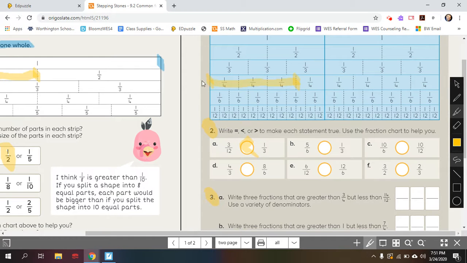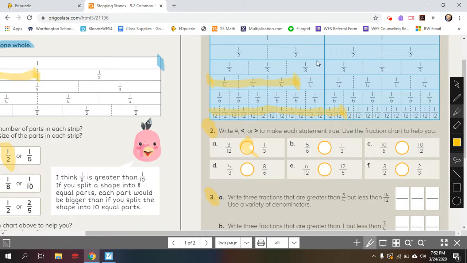So they want it to be bigger than that, but they don't want it to go more than 14/12. So I know I'm going to color in 12/12 really quick because that would be one whole. And then I'm going to go 2 extra because that would be 14. So I need to find up here on my fraction wall 3 fractions that are in between 3/4 and 14/12.